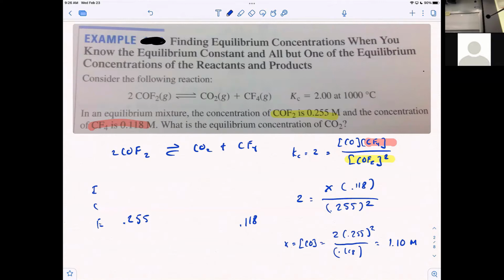This is the equilibrium constant, and it's given to us as 2. We don't know the carbon dioxide. We do know the carbon tetrafluoride, and we do know the COF2. So we put in those numbers, and then we rearrange for our unknown, the concentration of carbon dioxide, and we get the value.